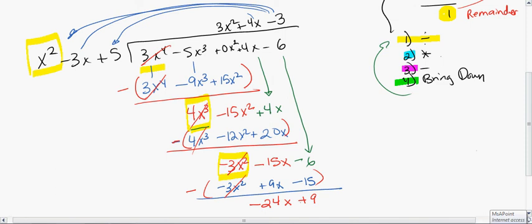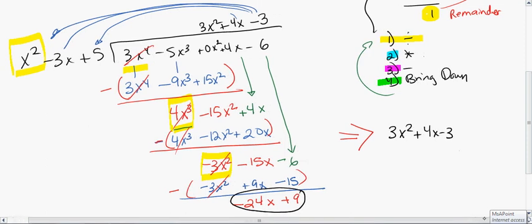All that's left to do now is to write the answer. So here is the answer. The first part is 3x squared plus 4x minus 3. And then, remember, we're going to write the remainder as the numerator in a fraction.